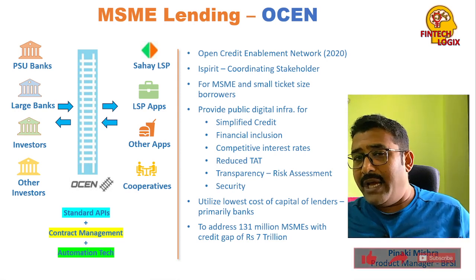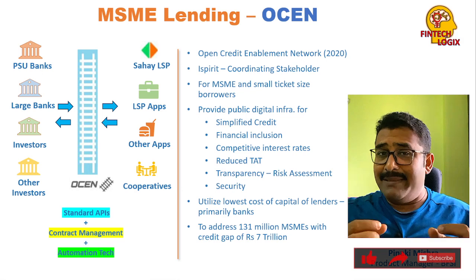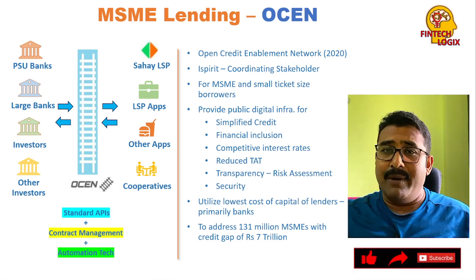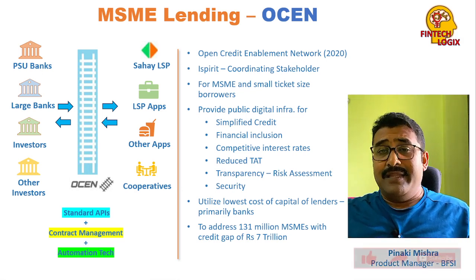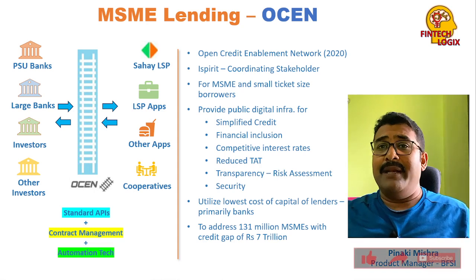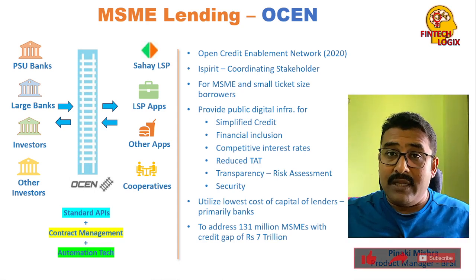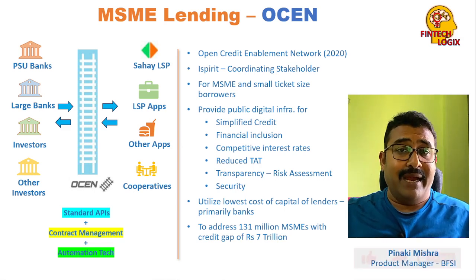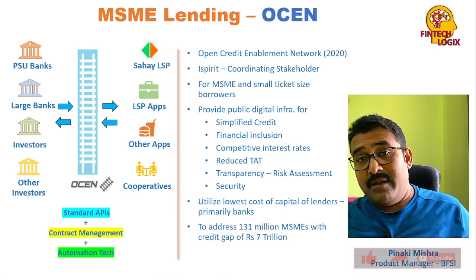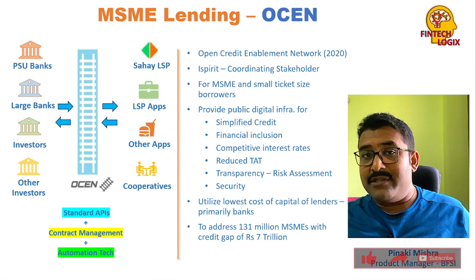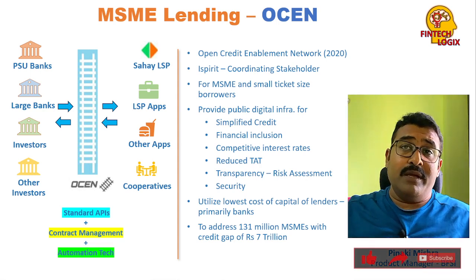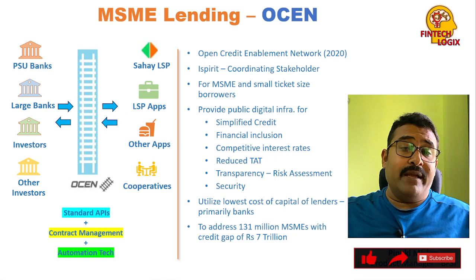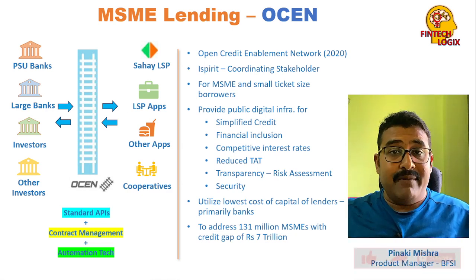This will also help to create simpler loan products that everybody can understand. This will also help in financial inclusion, so that more and more borrowers can be reached by LSPs and they can take credit from all these banks or NBFCs. This will provide a competitive interest rate.